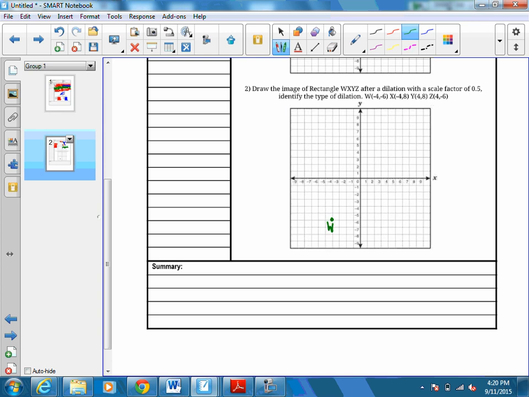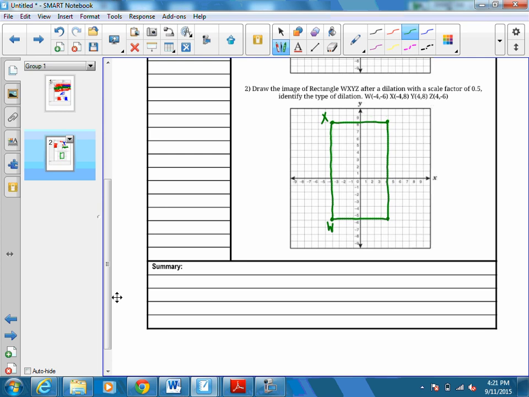X is -4, 8. Y is 4, 8. And Z is 4, -6. So I should get that nice rectangle on my coordinate plane for number 2.